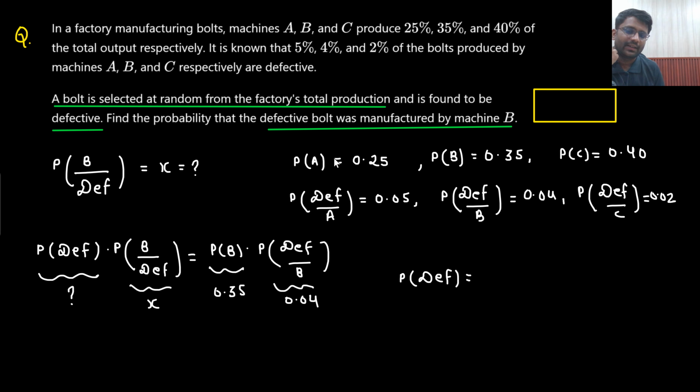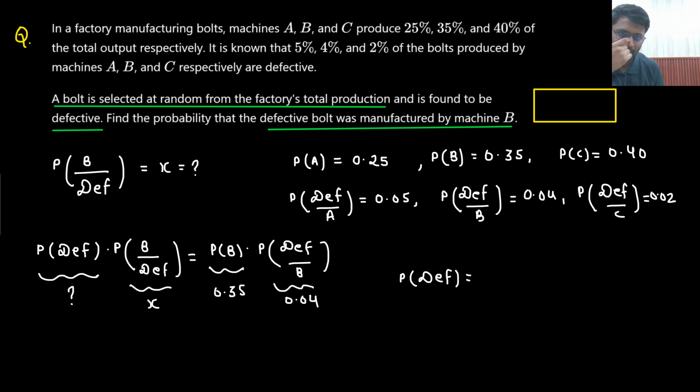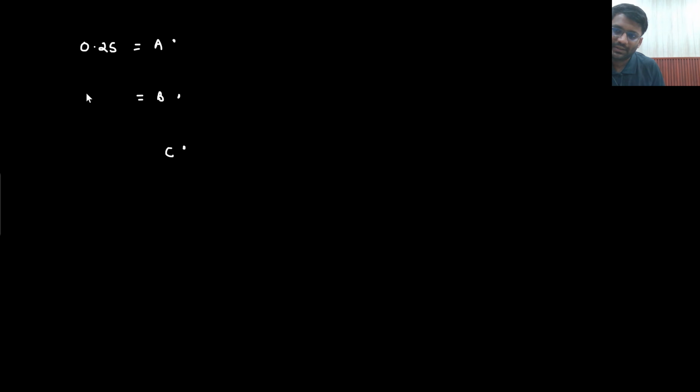But directly you can say the probability of defective would be the probability of A multiplied by defective given A, and so on. Or you can make a probability flow diagram, where there are three machines A, B, C producing 25%, 35% and then 40%.